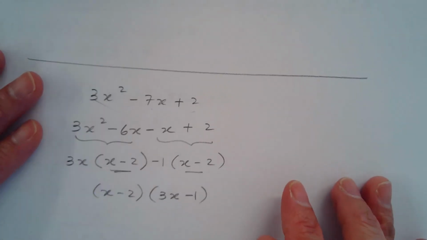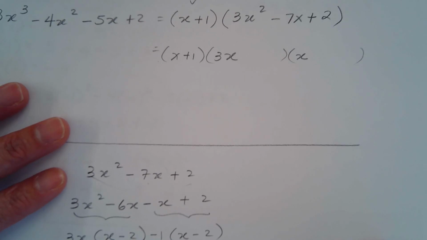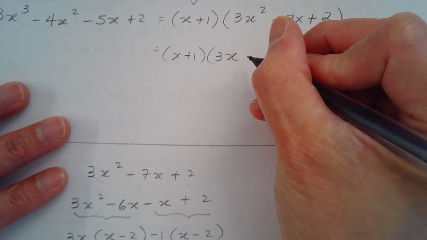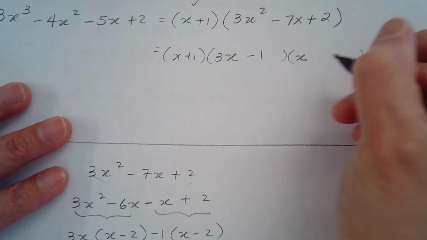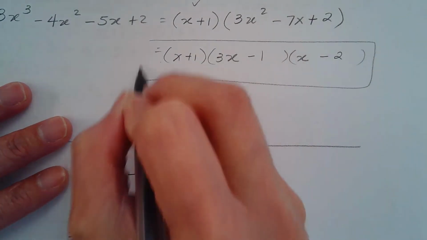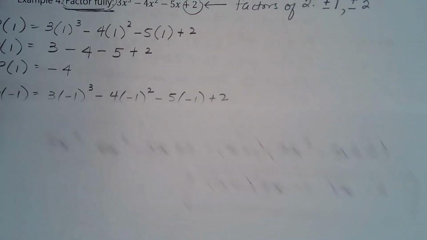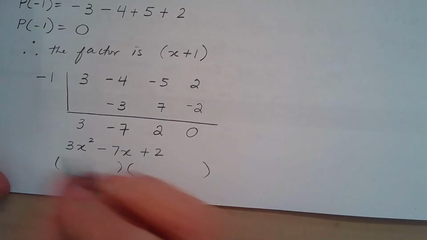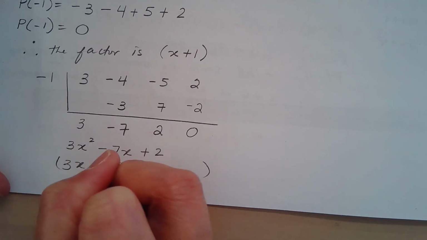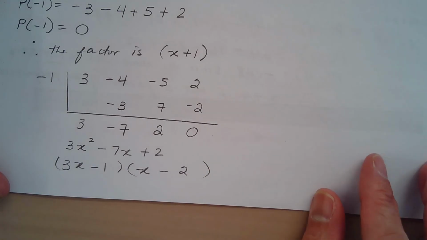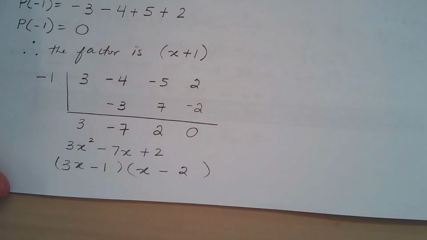Can you go back to the synthetic division? Yeah, I'll do that in a second. So 3x minus 1, and then x minus 2. This is the completely factored form.